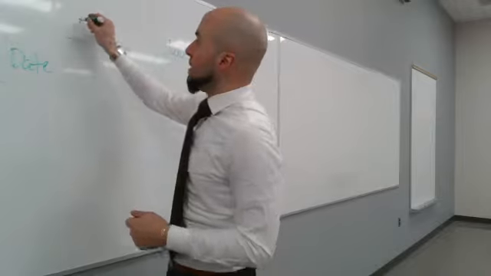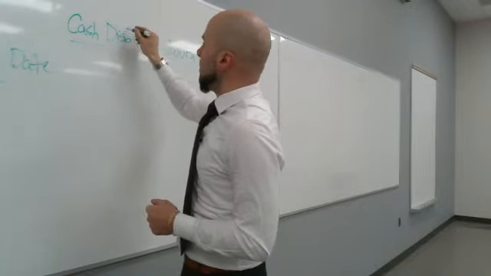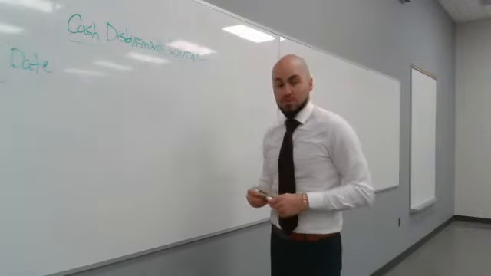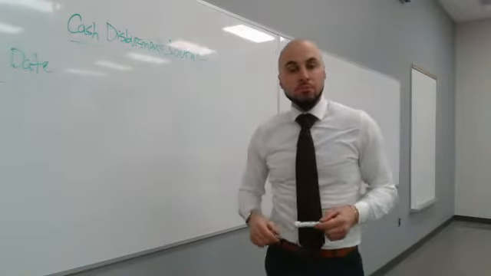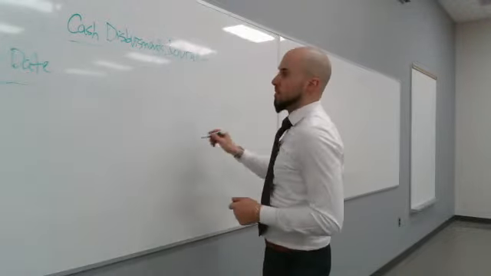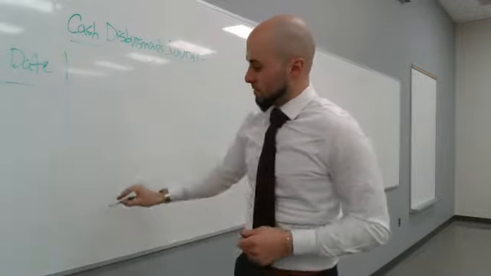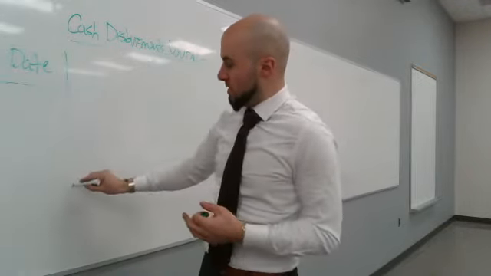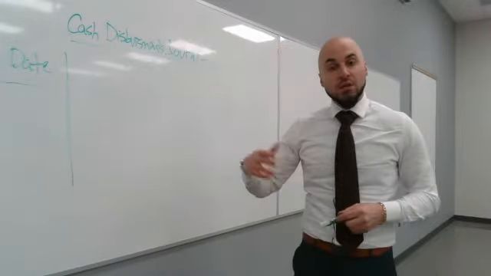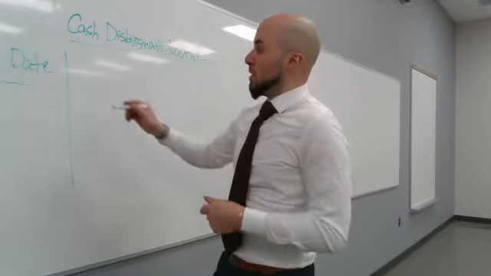So now in the cash payments journal, or cash disbursements journal, cash disbursements, cash payments, same thing. We'll start with the date. Date is how you start all of them. Remember how important dates are, especially when you're talking about purchase discounts, sales discounts. Dates are for sure important.